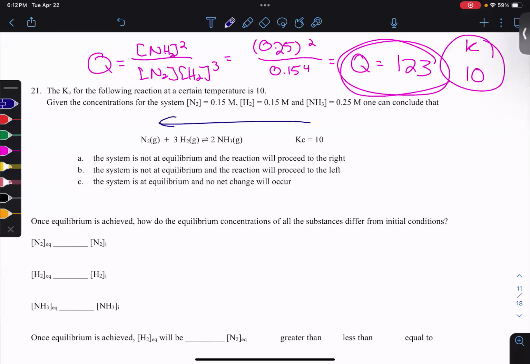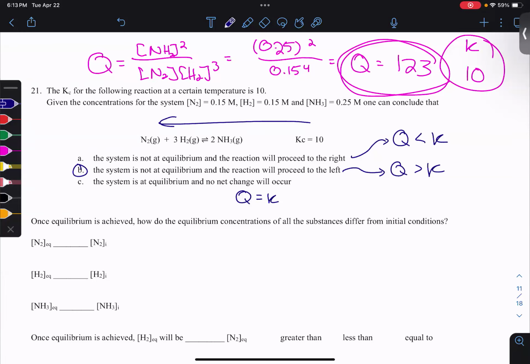So what's the answer? It will go, I hate lefts and rights. The answer is B, goes to the left, right? So if the system was at equilibrium, then Q would be equal to K. But the reaction goes backwards in this example because Q is greater than K. So for A, if the reaction goes to the right, if it pushes itself forward, it's because Q is less than K. I don't have enough products, the reaction has to move forward, right?